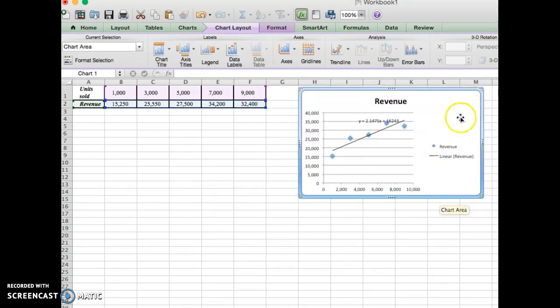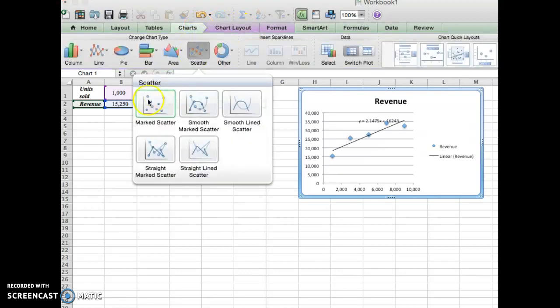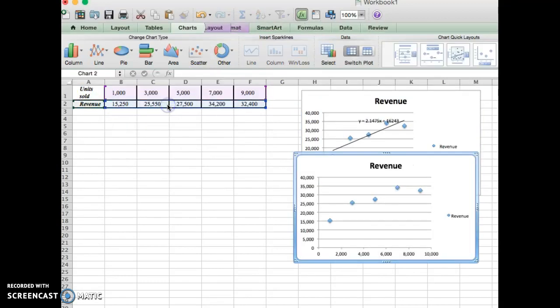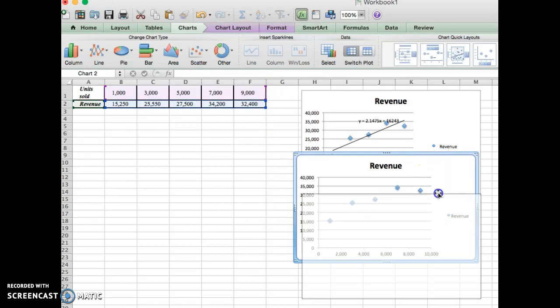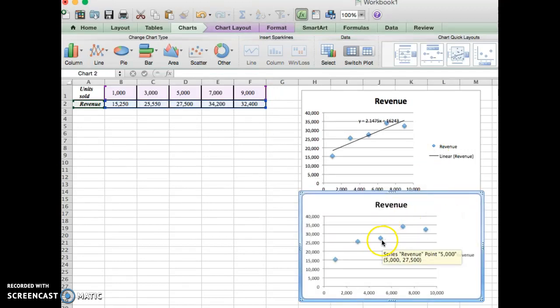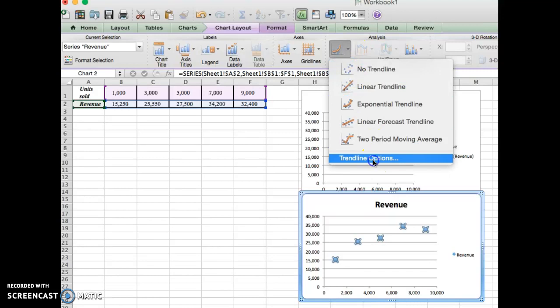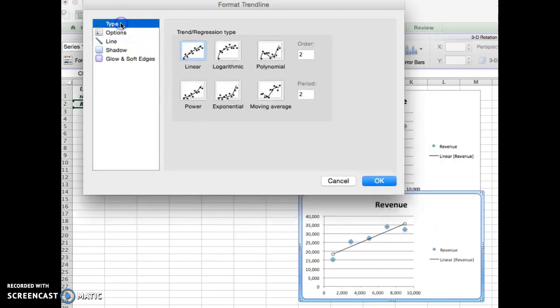Let me just, for the sake of some clarity, look at the chart again, do another scatter plot. This time, when I'm clicking on it, I am going to do the trend line, but looking at type, I now want to have a parabola.